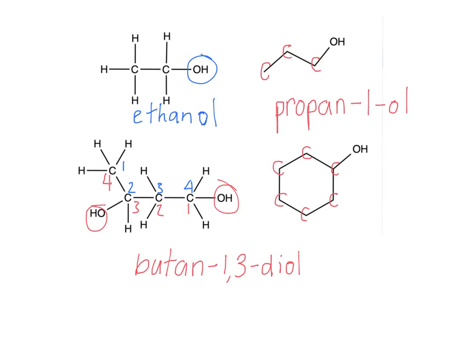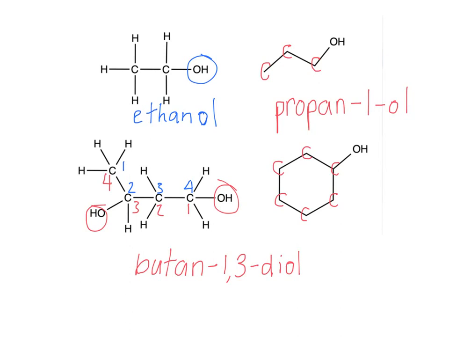Almost. There are 6 carbon atoms, but they are now arranged in a circle, or they are cyclic. So what does it mean for our backbone's name? Cyclo. So it's cyclohex. That means in a circle I will find 6 carbon atoms. They are single bonded to one another, so that means cyclohexane.